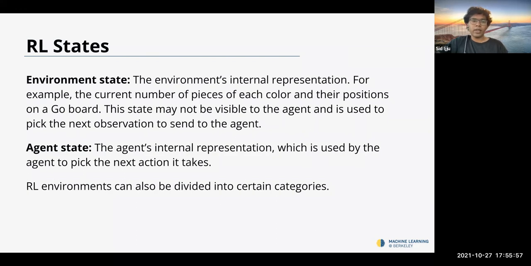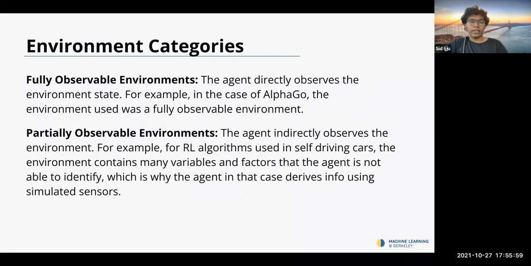All right, we can also next go into different types of environments. This is a continuation of what I was going on about before. You can have an environment that's fully observable. The idea behind this is that the agent just observes the environment state, and so it can use the full context of information that it has to get the next action.